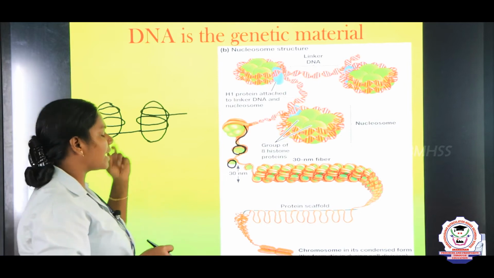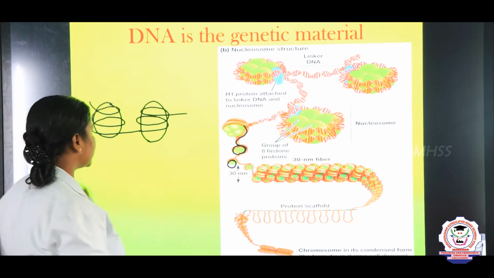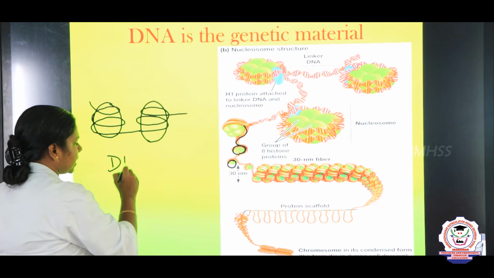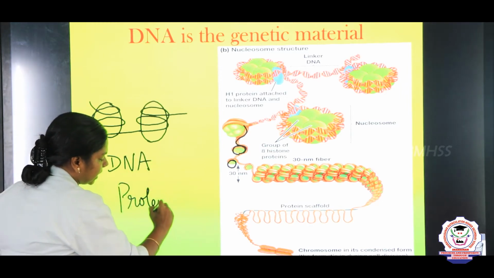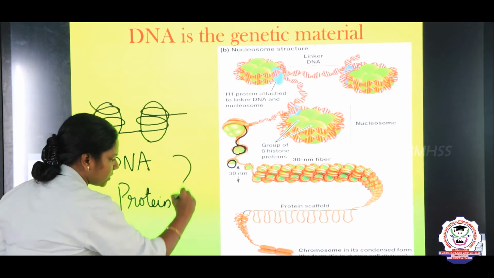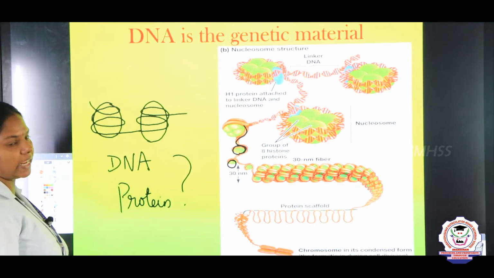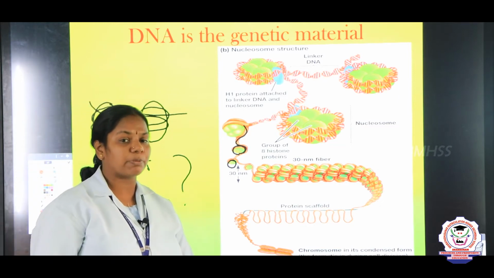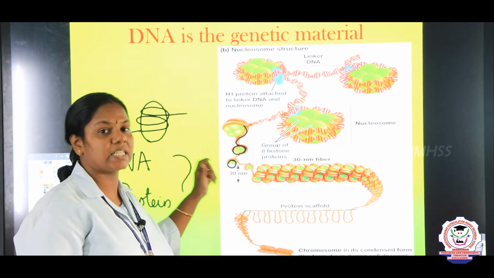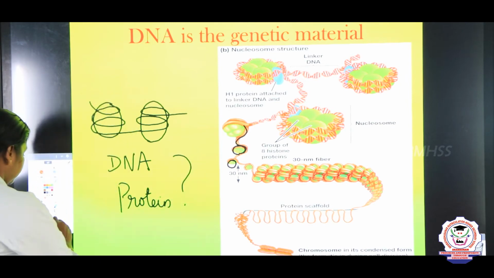So here again the confusion arises whether DNA is the genetic material or protein is the genetic material. So there arises a big question, which is the genetic material, either DNA or protein. And now we are going to see the experimental proof that DNA is the genetic material.